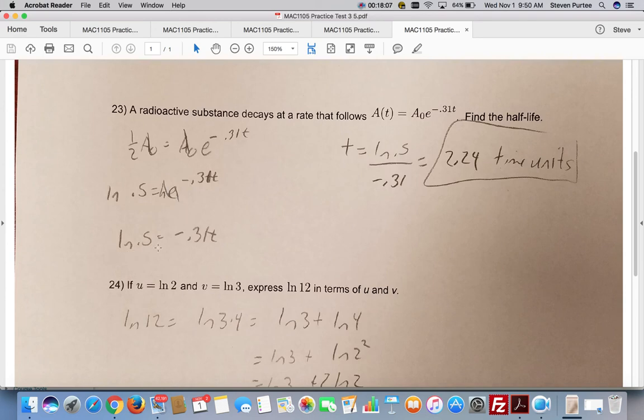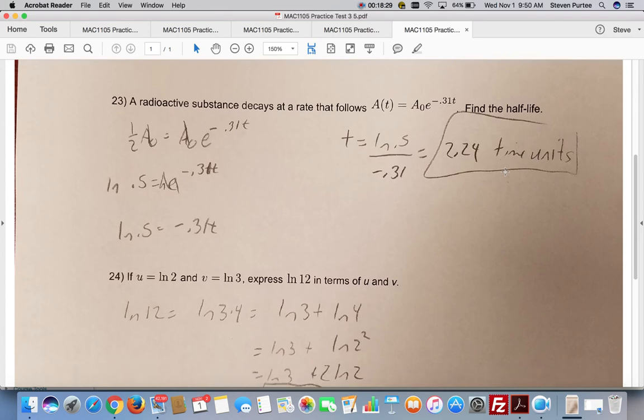So we get ln of 0.5 equals negative 0.31t. Trying to solve for t, so we divide both sides by the negative 0.31 and we get this expression. Just throw that in our calculator, ln of 0.5 over negative 0.31, you get 2.24, whatever our time unit is here. Hours, days, years, whatever.